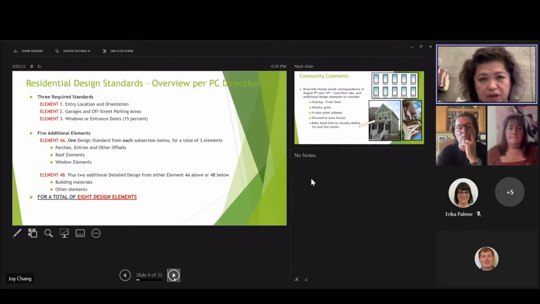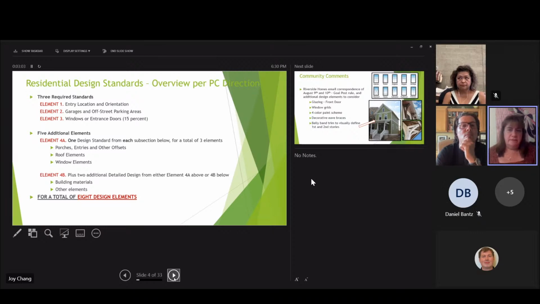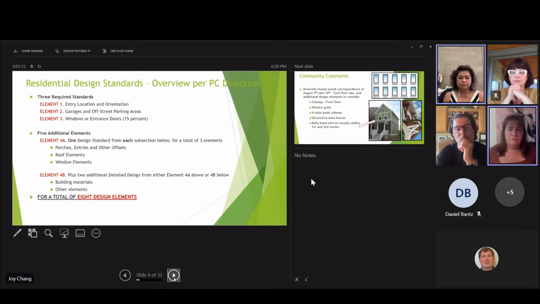So Joy, before we move on, I want to pause and let the commission know we're not going to discuss it right now. We'll probably get into depth later in the meeting, but this is the staff's proposal as presented at the open house and to the city council, but it is certainly not the end.